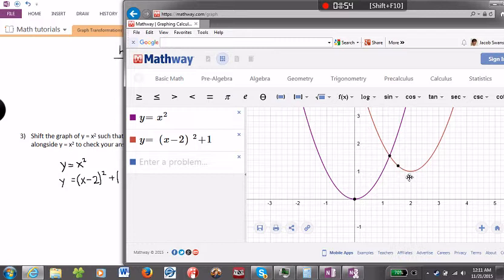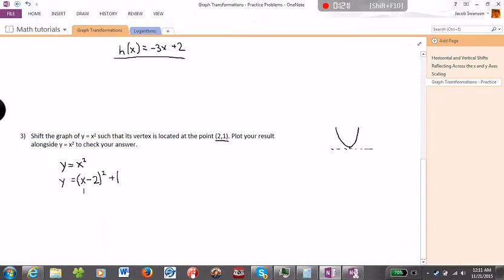So we see the vertex at this point right about here. And it looks like we moved over 2 to the right, and then we moved up 1. And this is where it hits, so there we go. We have checked our answer, and we see that our answer of y equals quantity x minus 2 squared plus 1 is the correct shifted graph.